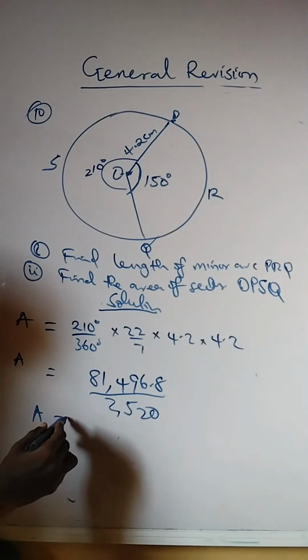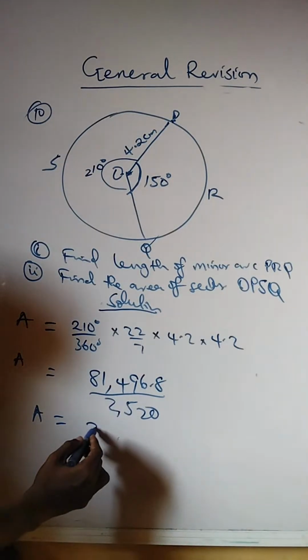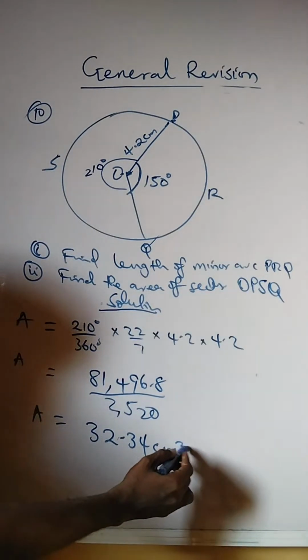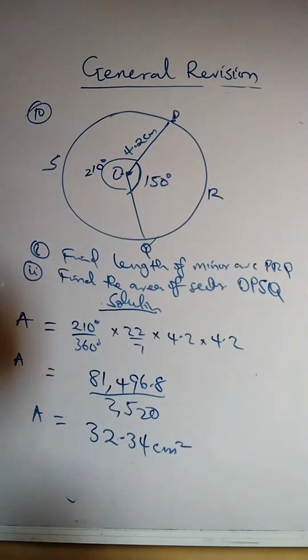So when we divide, 81,496.8 divided by 2,520, we have 32.34 centimeters squared. So that is the area of that major sector.